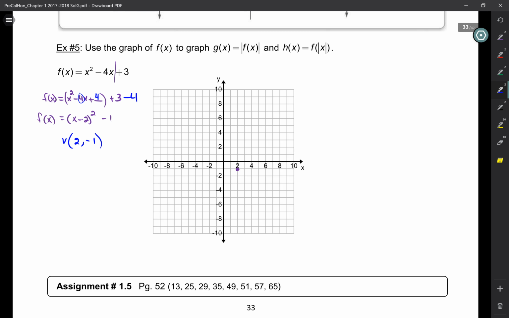Now, if we go over 1, we're going to go up 1. If we go over 2, we're going to go up 4. So this is what the parabola looks like.